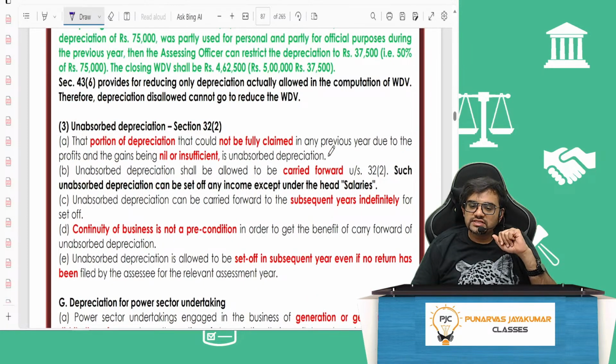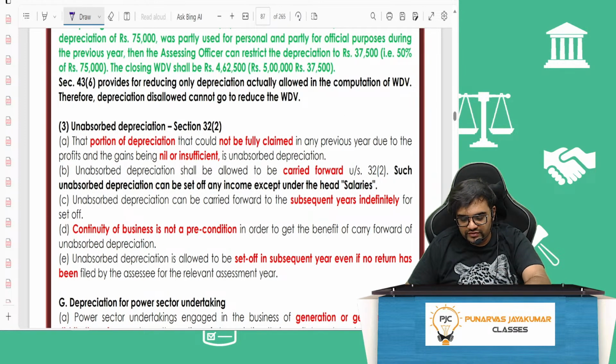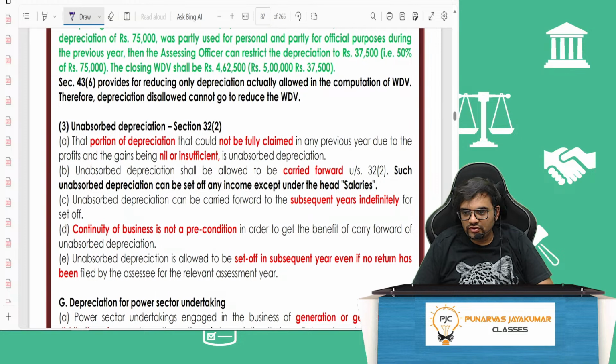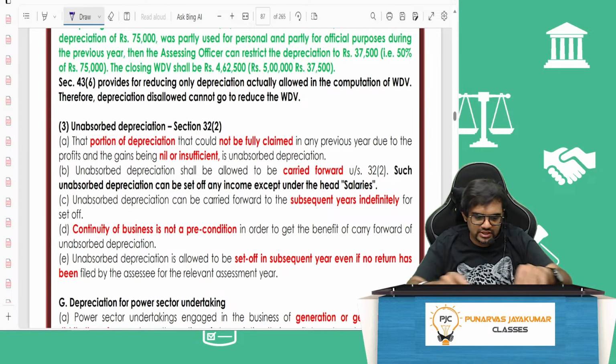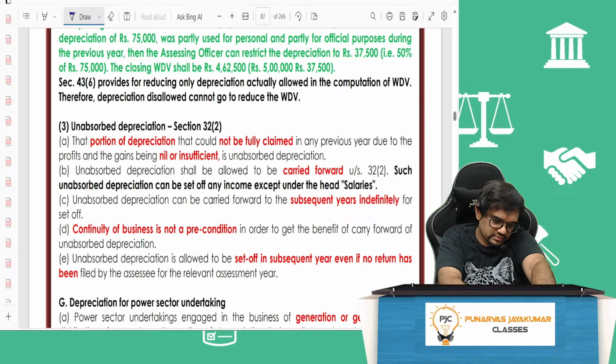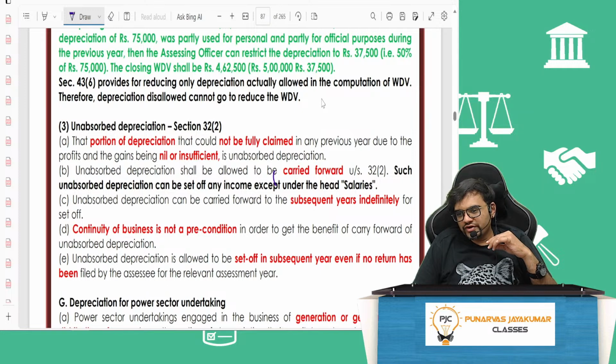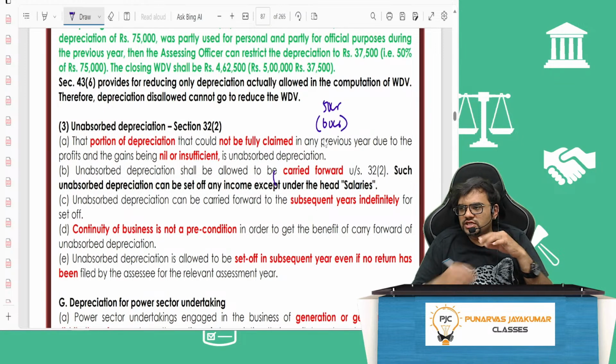In case there is any depreciation which cannot be absorbed, say the profit of the company before depreciation is 50 crore, but depreciation is coming up to 60 crore.